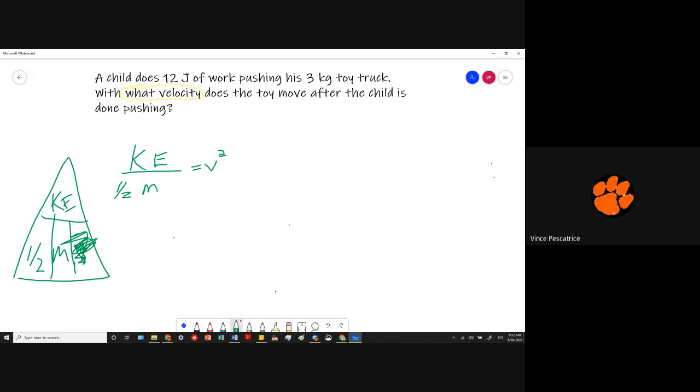So we'll start by plugging your stuff in. Kinetic energy is 12 joules right there. So you're going to have 12 on top divided by 1/2 times 3.